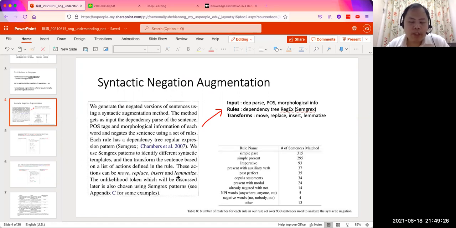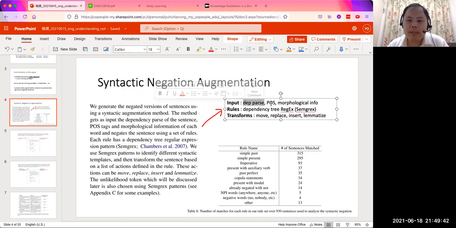This whole chunk here is from the paper, but to put it very simply, for each sentence that they get from their knowledge-based sources, they would get the input such as the dependency path, the POS tags, morphological info, and then they have some rules based on a dependency tree regex. In this case, they're using Semgrex.